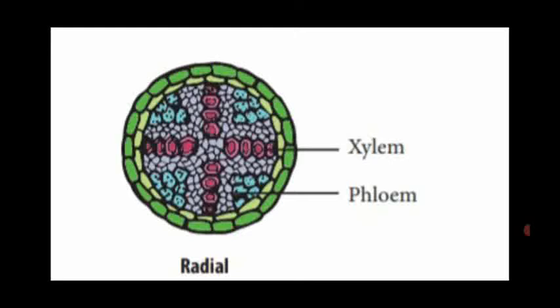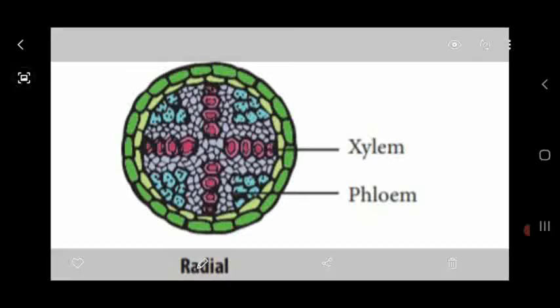That xylem is called protoxylem. So protoxylem facing the periphery, the outer side, is called exarch xylem. This is the example of root, where protoxylem faces the periphery. That type of xylem is called exarch xylem, example root.